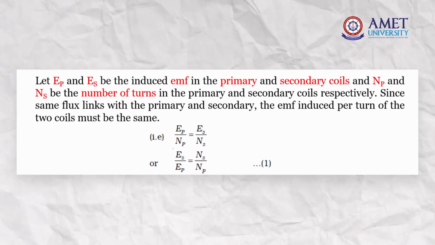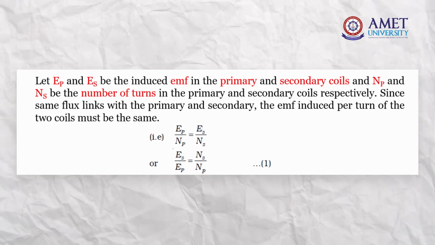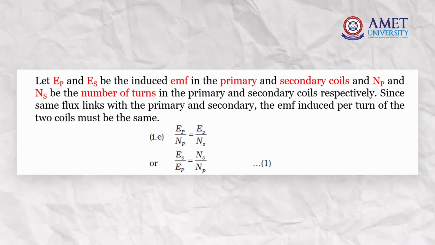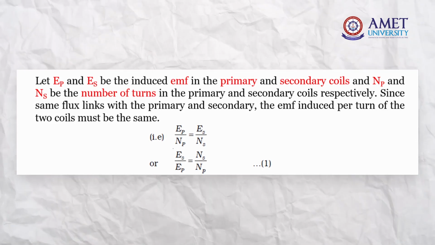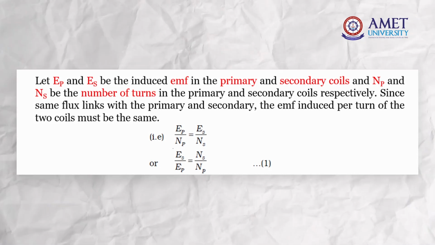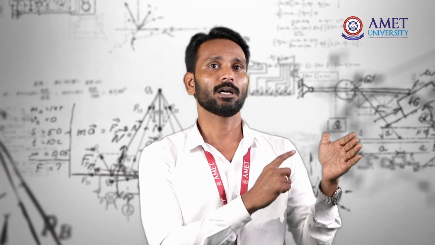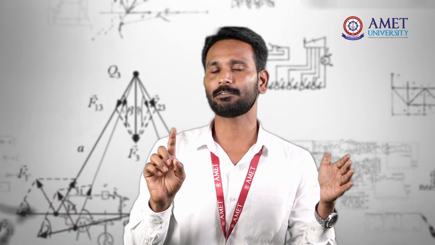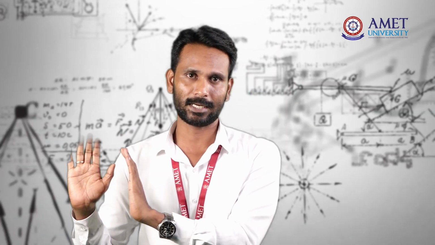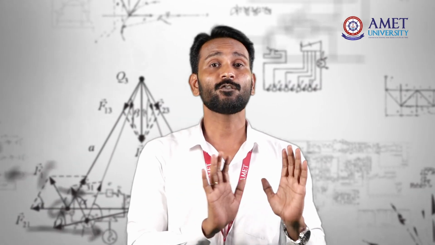Here, EP is the EMF in the primary coil, ES is the EMF in the secondary coil, NS is the number of turns in the secondary coil, and NP is the number of turns in the primary coil. Assume the number of turns in the primary and secondary coils is the same, and all the flux created by the primary current is linked with the secondary coil.